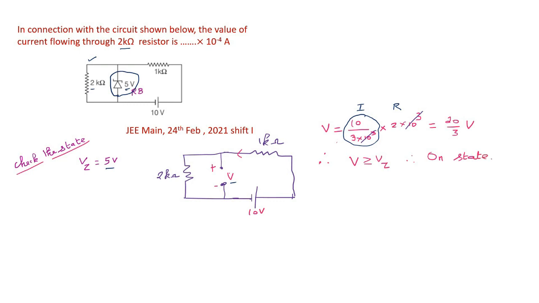On state means what is the advantage? The breakdown voltage is the voltage across the 2 kilo ohm. Then use Ohm's law to find the current through the 2 kilo ohm. I draw this diagram again. Battery, 2 kilo ohm.